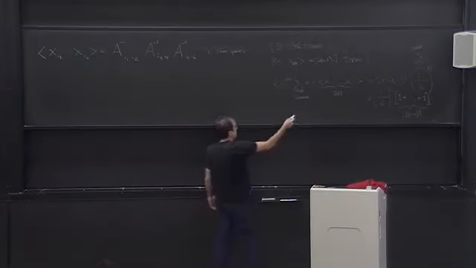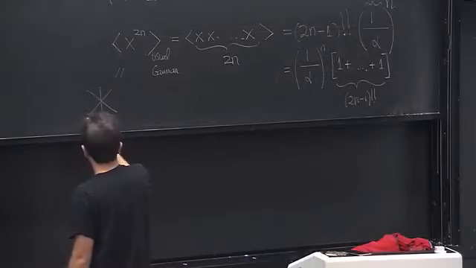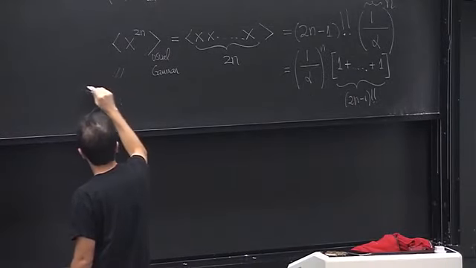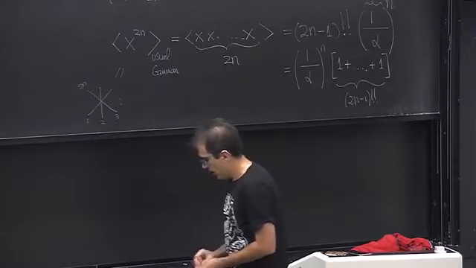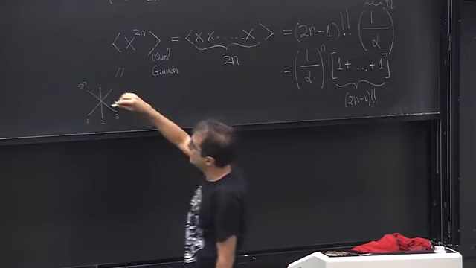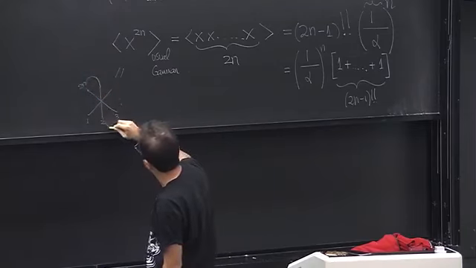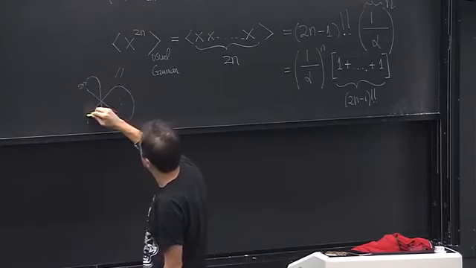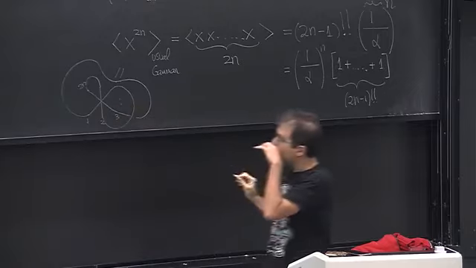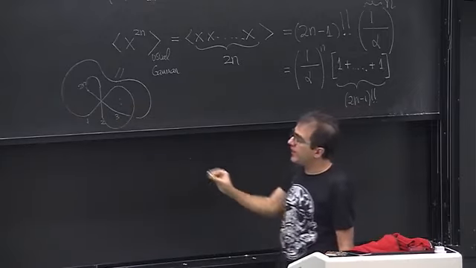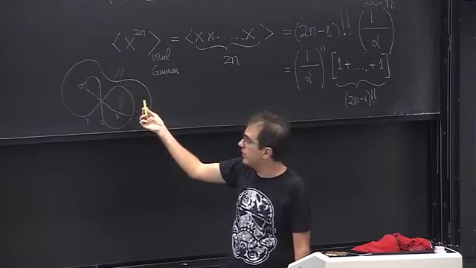And this, I can think that this has an interpretation. It's like I have a vertex with legs 1, 2, 3, up to 2n. And then all I'm doing is contracting this in all possible ways. So I can connect this leg with this leg. I can then connect this leg with this leg. And then I connect the remaining two, say this one with this one. Right? And if I count how many ways there are, of course, by definition, 2n minus 1 double factorial.